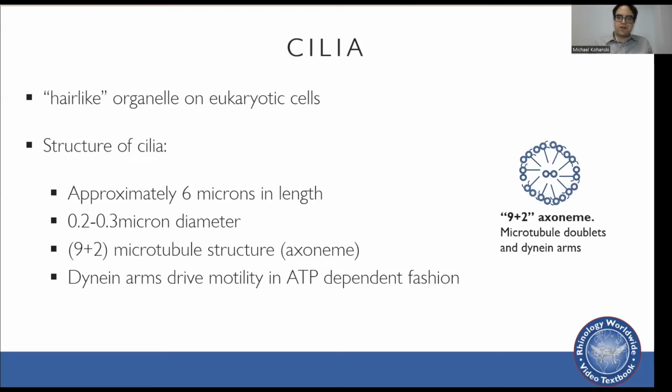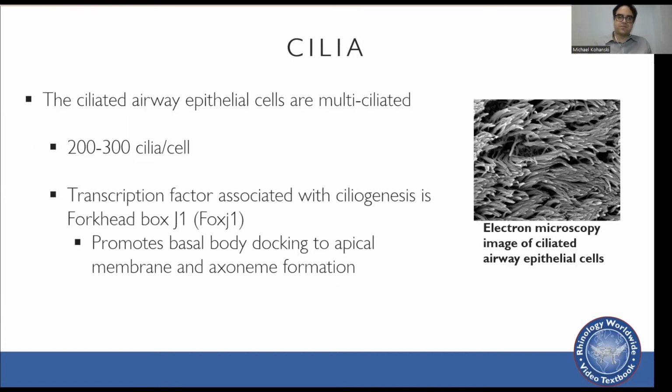They have this axoneme structure, the 9+2 microtubule structure you see depicted here, where you have the paired central microtubules surrounded by 9 doublets. And then there are these little dynein arms attached to the microtubule structure. The movement of these dynein arms helps regulate the movement of cilia, and that occurs in an ATP-dependent fashion.